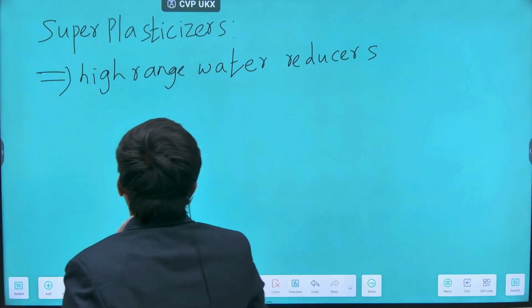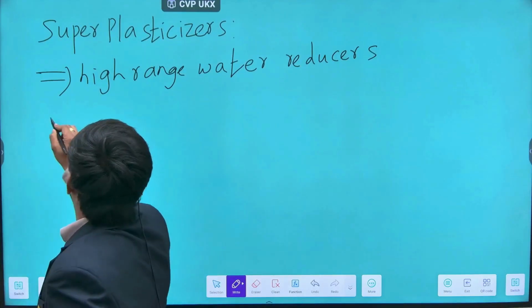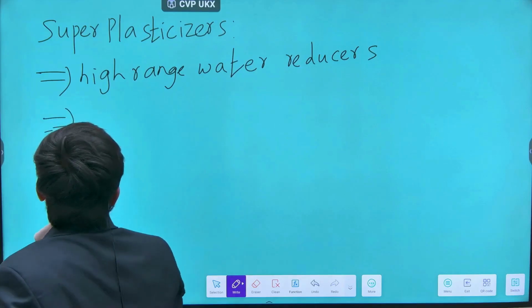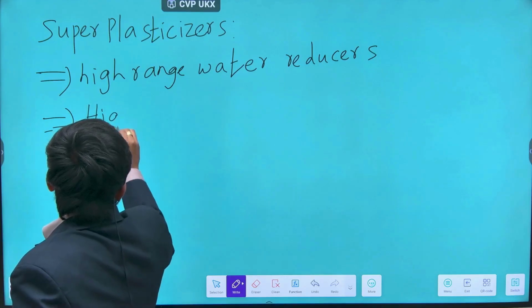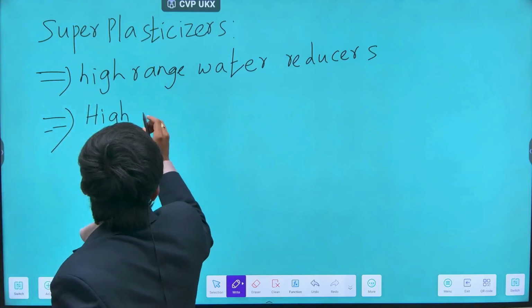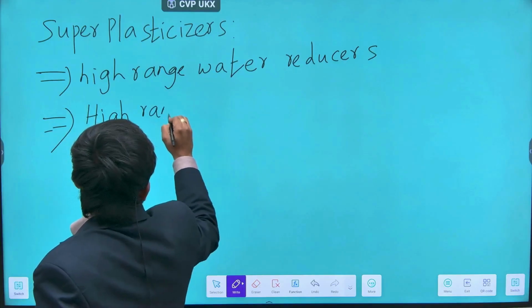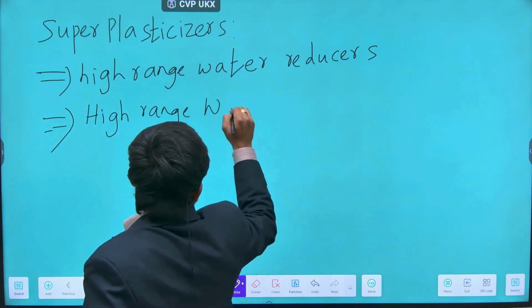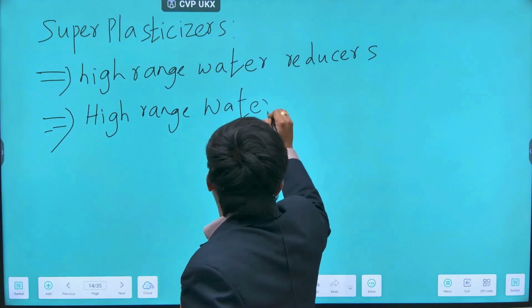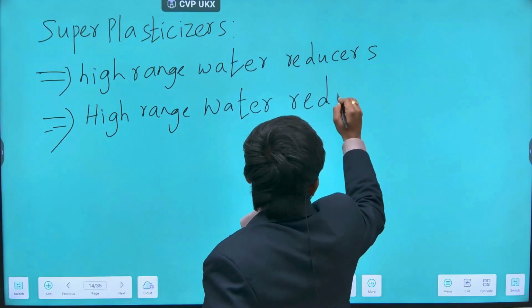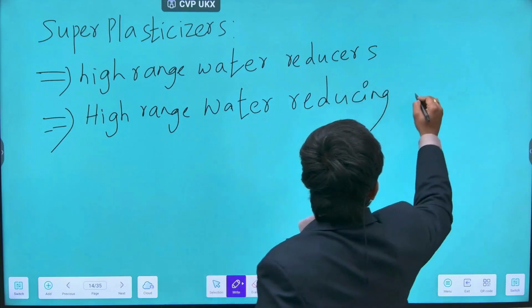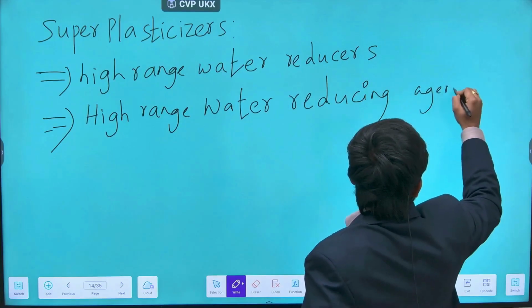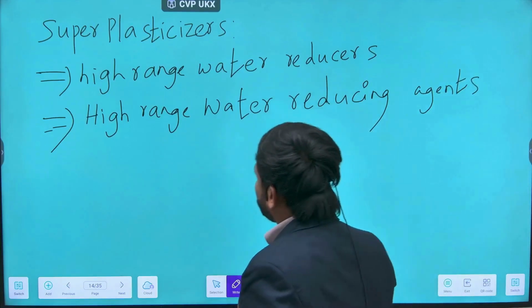Okay, super plasticizers, high range water reducers. These are called high range water reducers or high range water reducing agents.